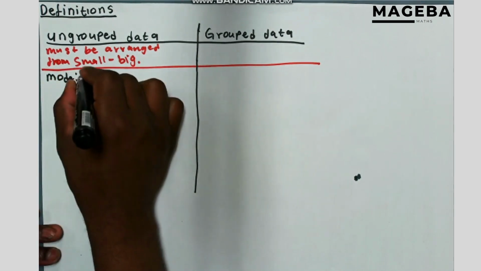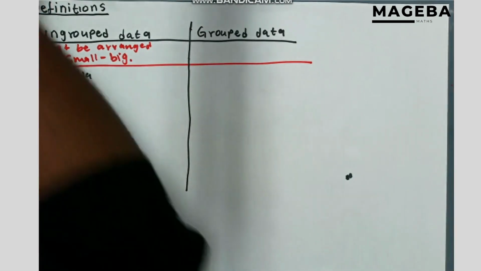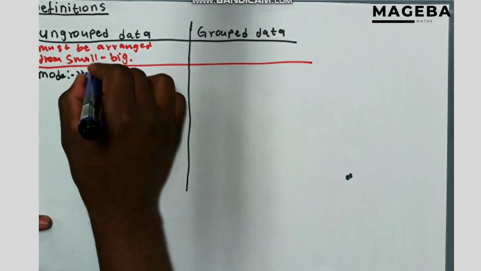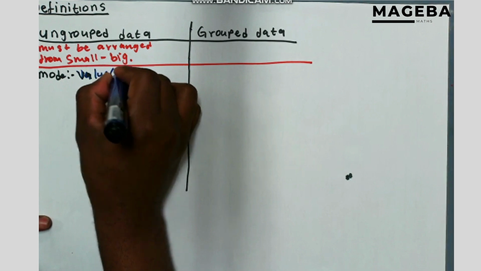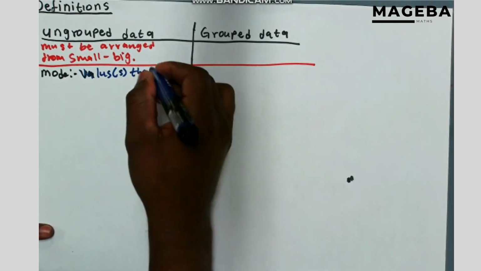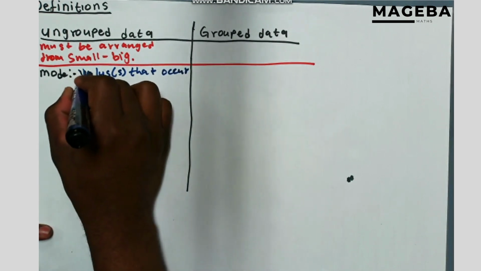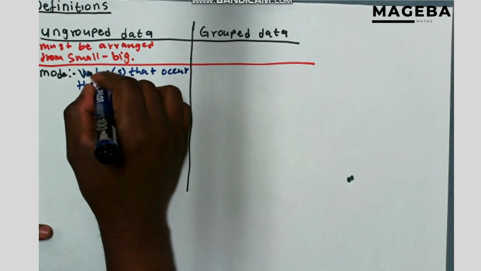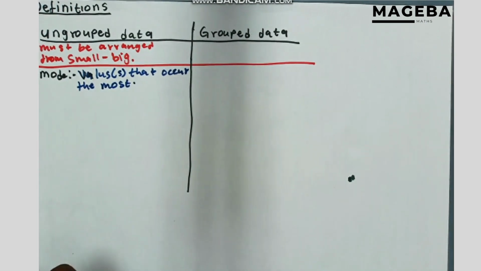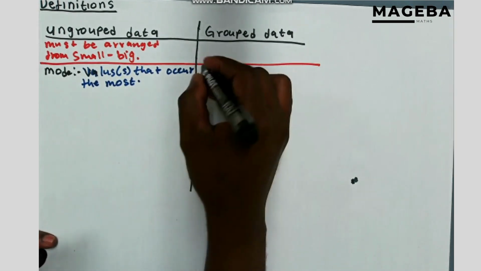The mode is just the values that occur the most. This is just the mode, just the repeated values, if I can put it in simple terms.